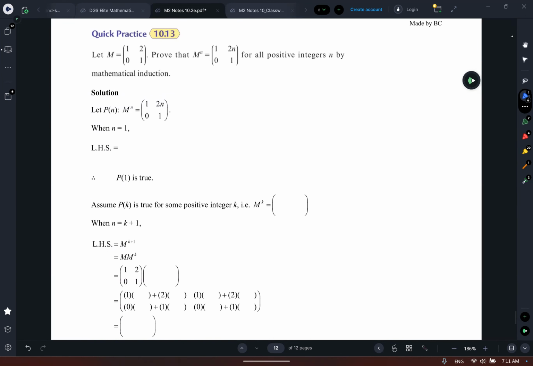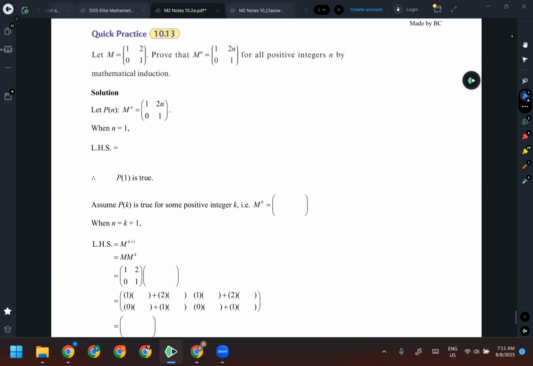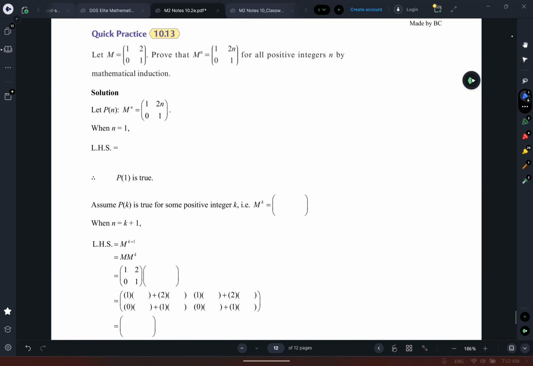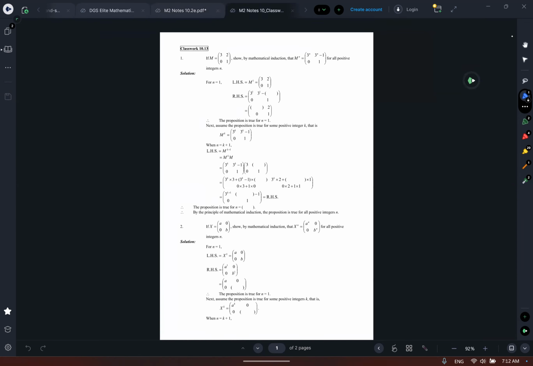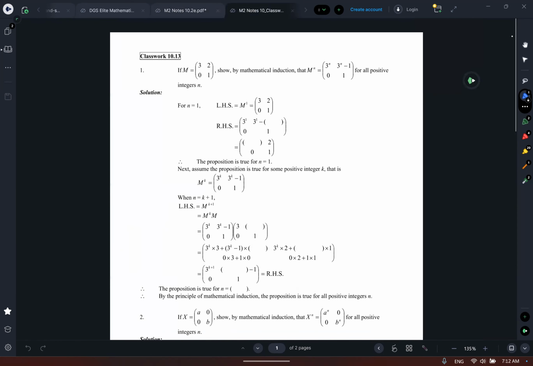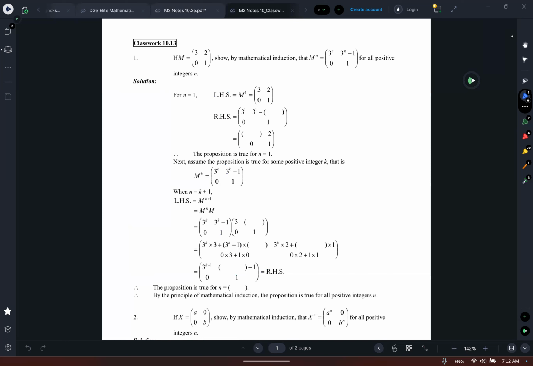And then afterwards, I uploaded another exercise. It's this one. It's called classwork 10.13. I named it classwork 10.13 because these 3 problems are related to example 13.